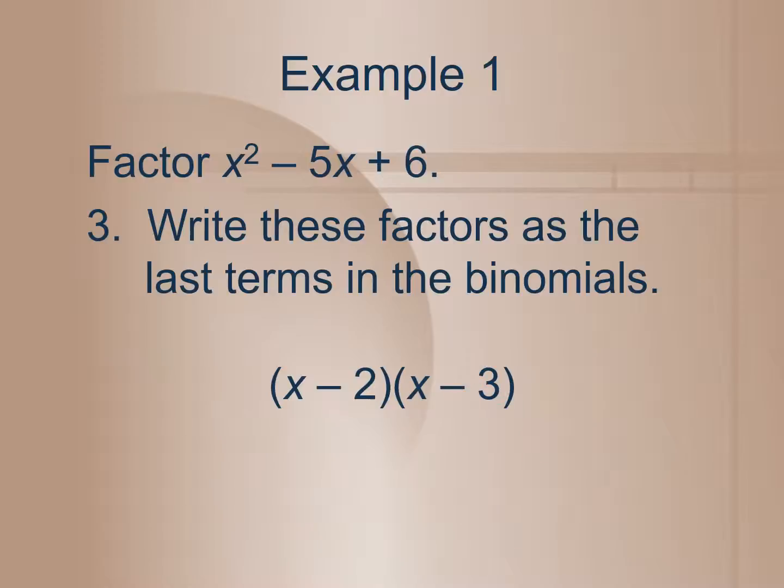So notice, for x squared, we wrote the factors x and x. And then we wanted factors of 6 that add up to negative 5, which would be negative 2 and negative 3, because those multiply to positive 6 but add up to negative 5.